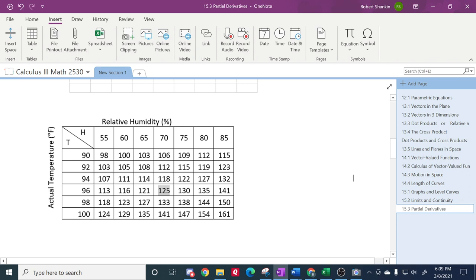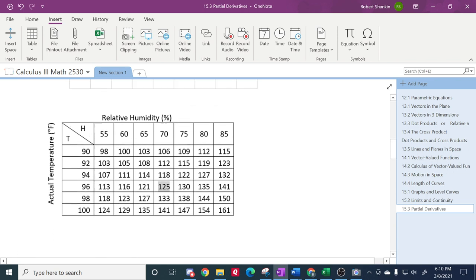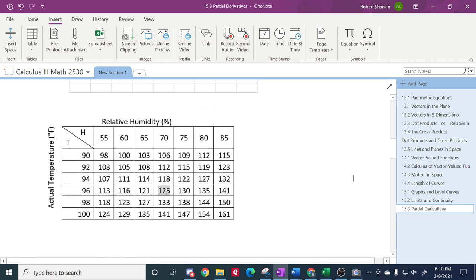Alright, so for instance, if the temperature is 90 degrees, but it's only 55% humidity, it doesn't feel so bad. It feels like it's 98 degrees. If the temperature is 90 degrees and it's 85% humidity, it feels as bad as if it's 115 degrees. Now there's one special one that we're going to be looking at, and that's highlighted: when the temperature is 96 degrees and the relative humidity is 70%.